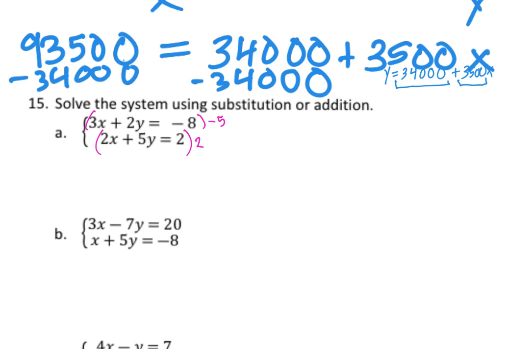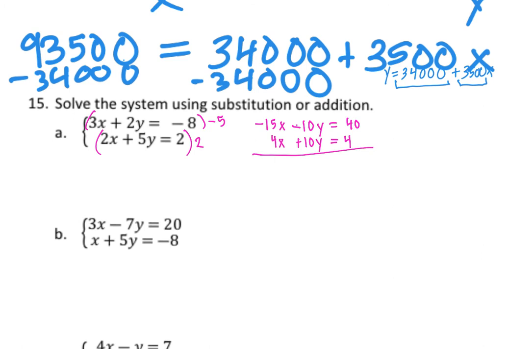Since they're starting out both positive, I need to distribute the negative 5. So negative 5 times 3 is negative 15x. Negative 5 times 2 is negative 10y. And negative 8 times negative 5 is 40. Then I'm going to distribute the 2 through, so that's 4x plus 10y, and that is going to equal 4.